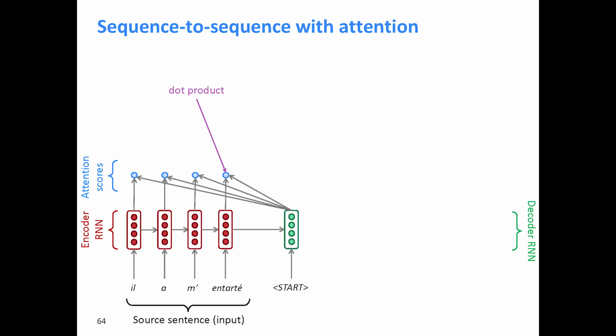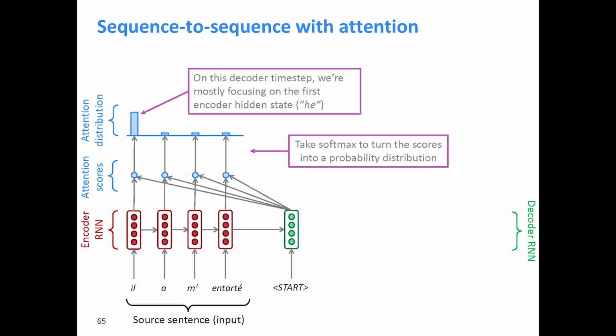This means that we get one attention score, one scalar, for each of these source words, effectively. Next we take those 4 scores and apply the softmax function to them, and then we get a probability distribution. Here I'm going to represent that probability distribution as a bar chart.